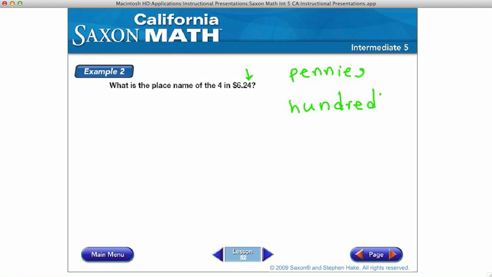Now remember, when you're writing hundredths, if it doesn't have that THS on the end, then it's wrong. You have to have that THS in tenths, hundredths, thousandths, because if you don't, then it sounds like you're talking about 100. Well, 4 pennies is a whole lot different than $400.